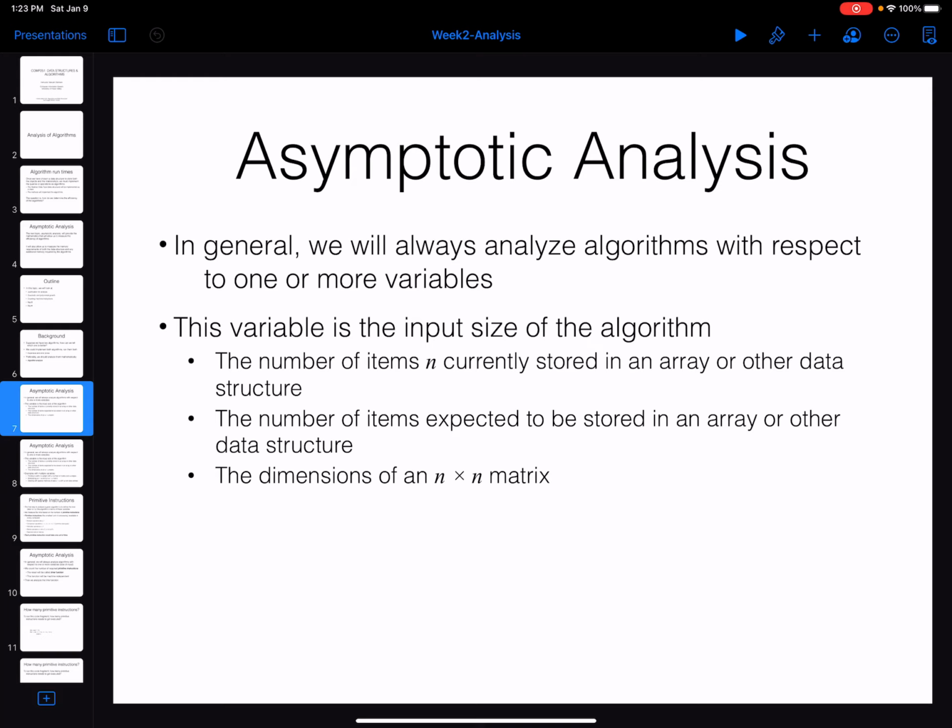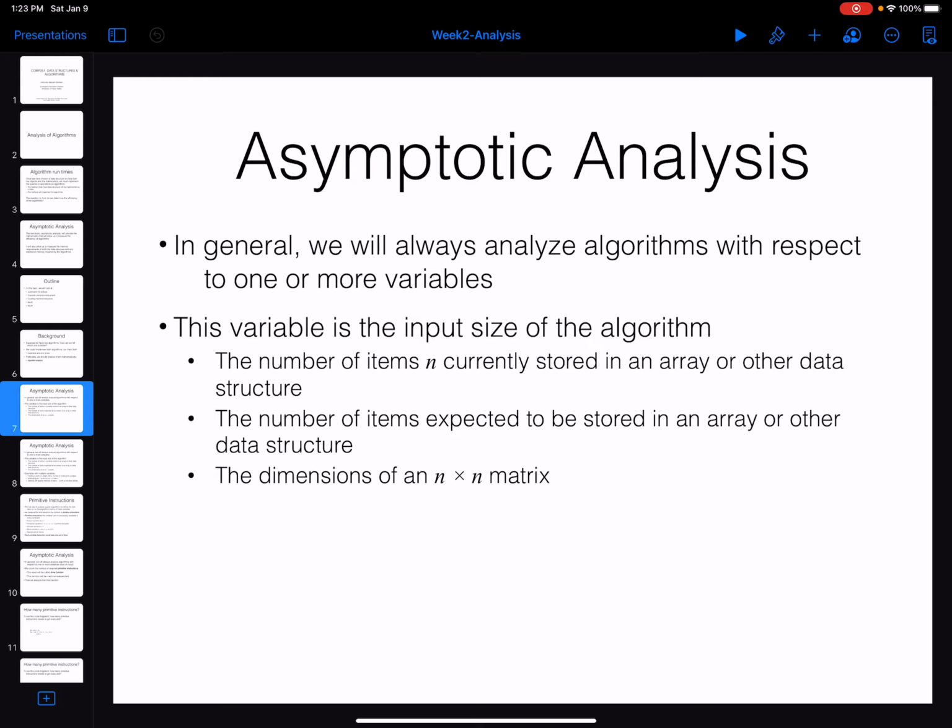The exact number of items is not clear, but you know that at most n items will be stored in your array at each moment. This is going to be a variable.